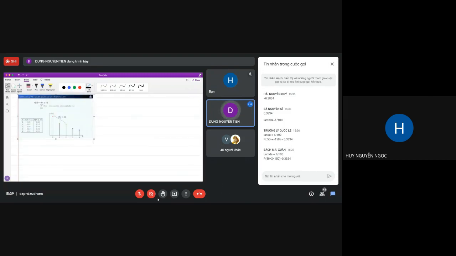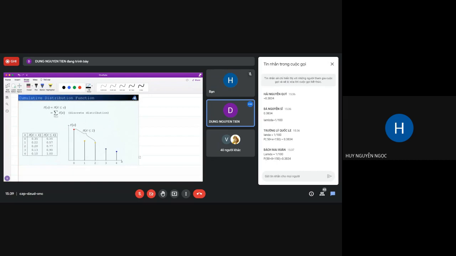For example, if k is 0, 1, 2, 3, 4, then the probability that X equals k is 0.35, 0.22, 0.13, and so on.